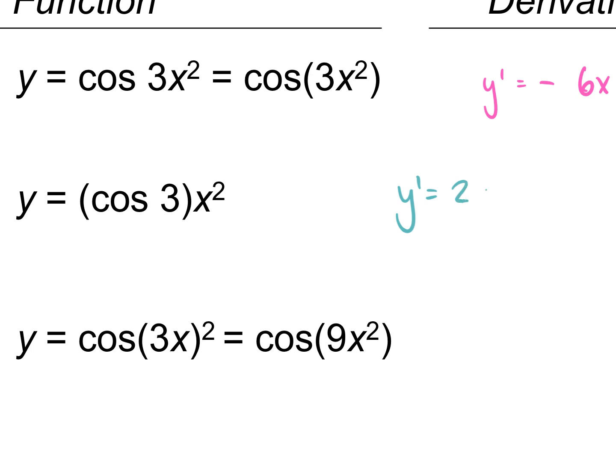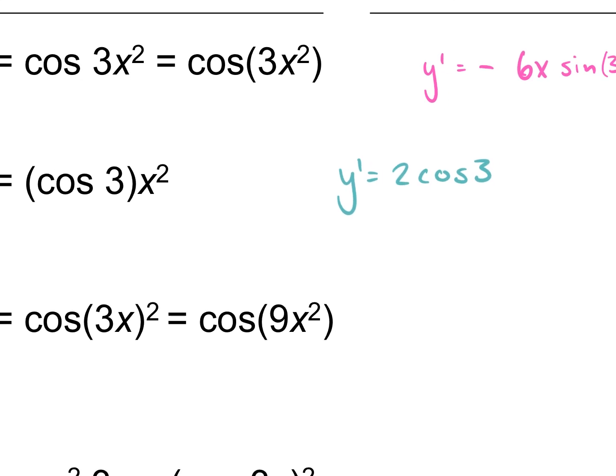So we've got 2 cosine of 3. And we subtract 1 from the exponent. So times just x now. So that cosine of 3 is just a coefficient. Multiply the exponent by the coefficient, subtract 1 from the exponent. Any questions here?